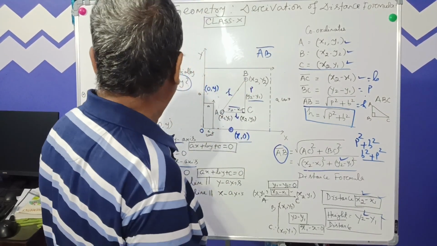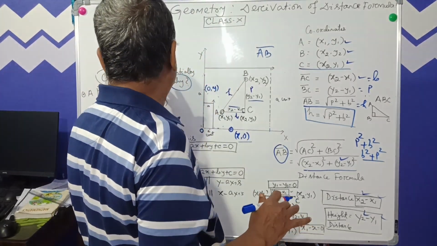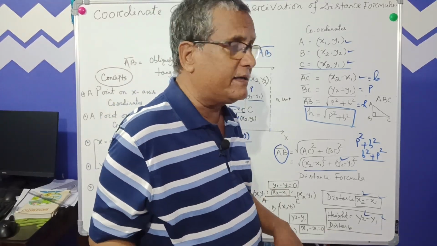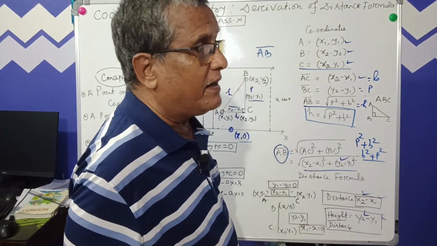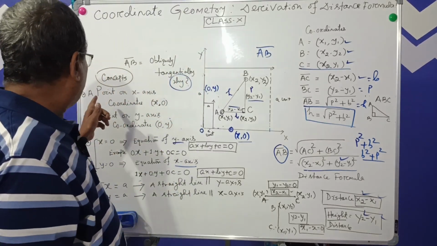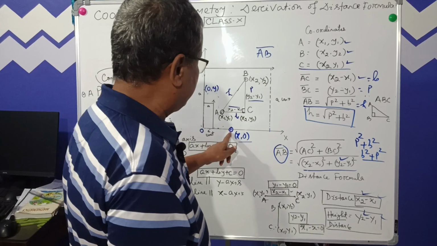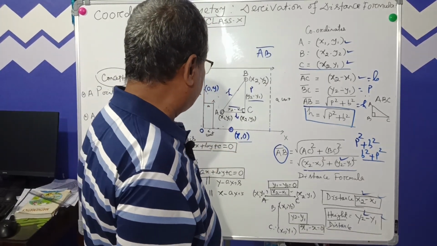Now let's discuss some important concepts connected with this Cartesian plane, the x-axis and y-axis. You see a point on the x-axis. Let's take an example. Here is a point on the x-axis.